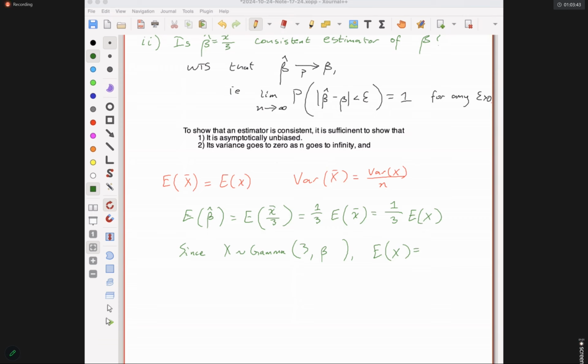It's the same as the mean. So what is the mean of this distribution? Okay, and what is that for this particular one? Three beta.